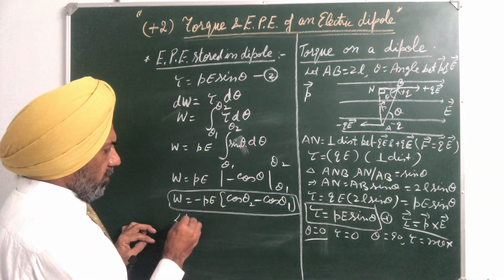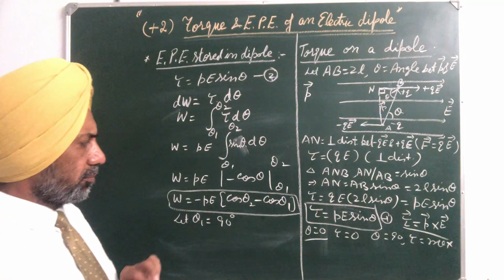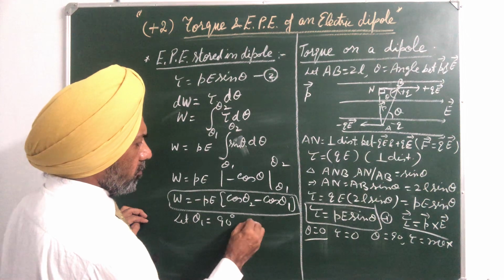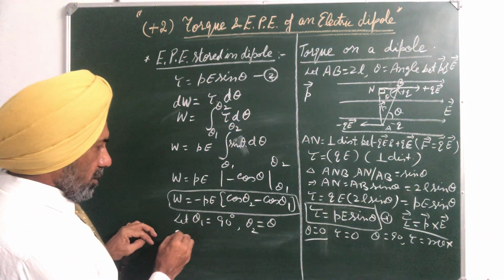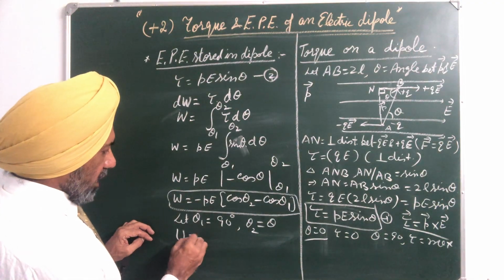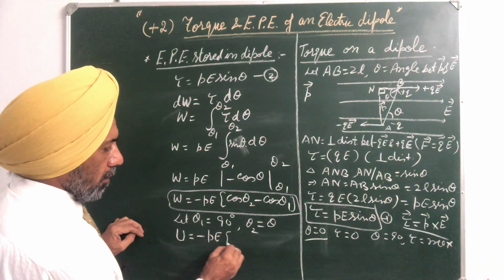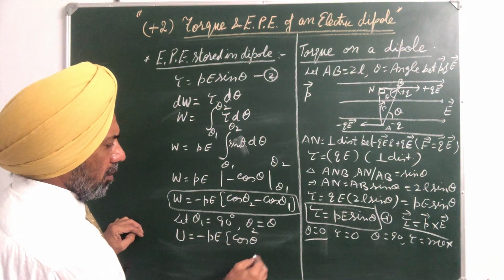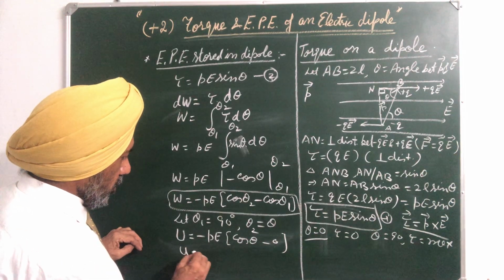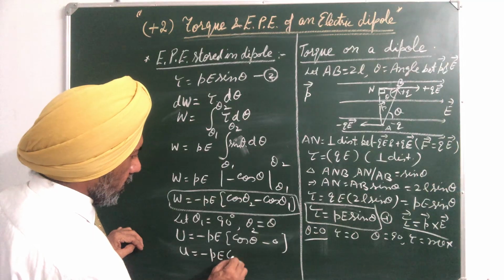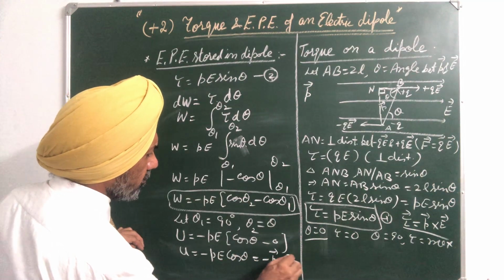Now let theta 1 be equal to 90 degrees and theta 2 equal to theta. Then this work done is known as electrostatic potential energy, minus PE into cos theta minus cos 90, which is 0, or U is equal to minus PE cos theta, or it is minus P dot E in vector form.